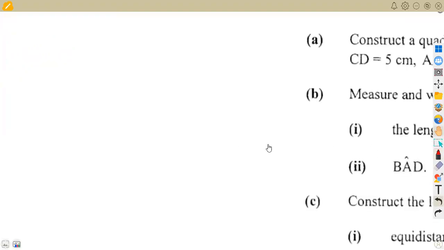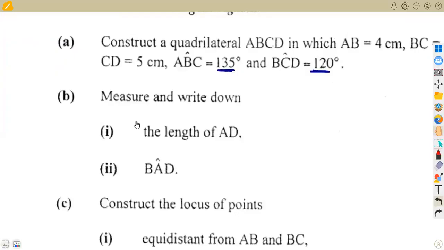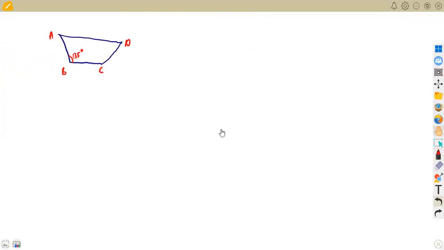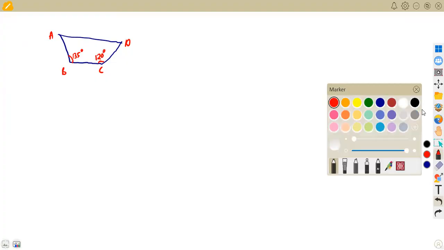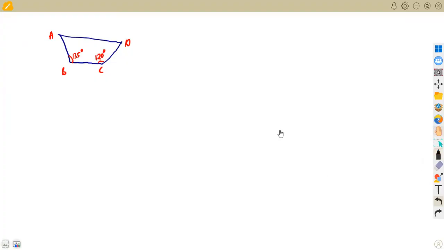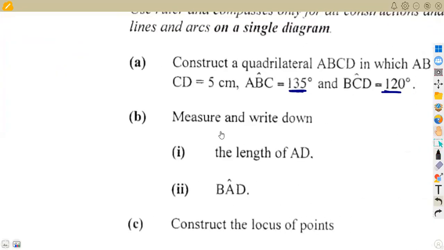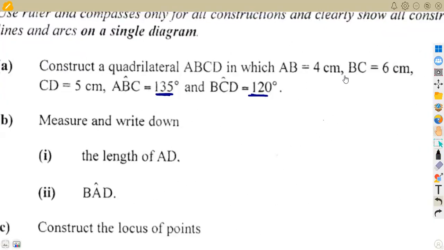All right, then we have got another angle, which is BCD of 120. This is the one that is already on the base, BCD. This is the one that you're going to have here of 120 degrees. Then we take into consideration the dimensions that we are given: AB 4 centimeters, BC 6 centimeters, CD 5 centimeters.